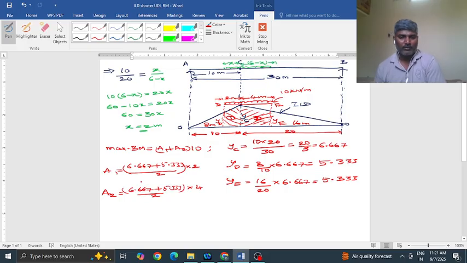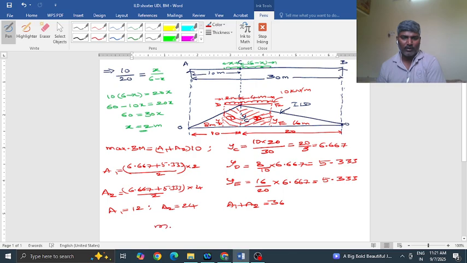A1 works out to 12 and A2 works out to 24. Put together, A1 plus A2 is 36.